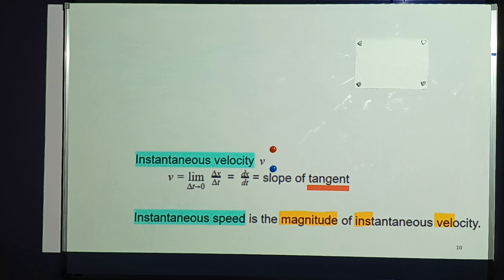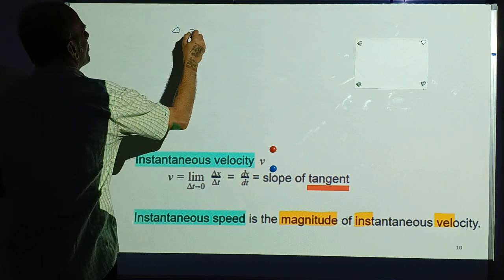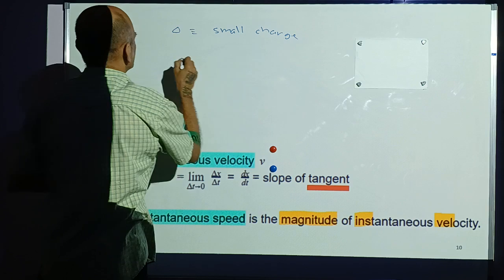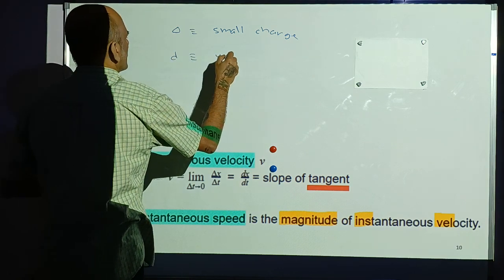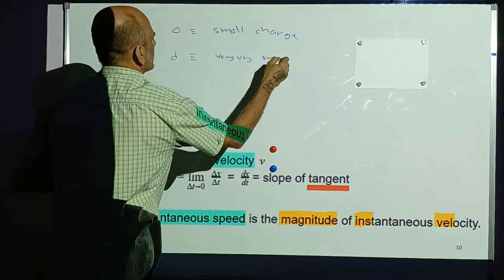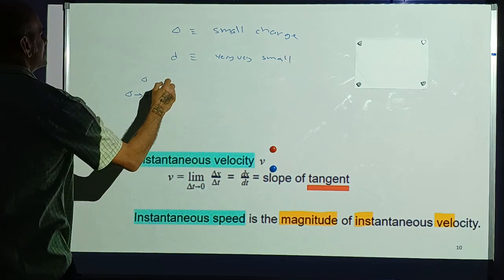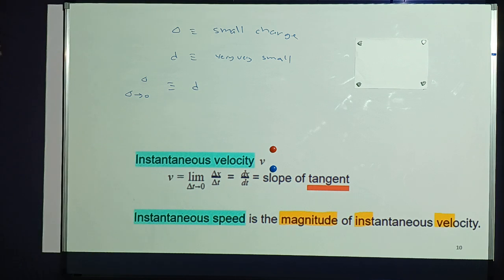Instantaneous velocity at any given time is a small displacement delta x over delta t, but this interval has to be very, very small so that in the limit delta t tends to 0. In the limit delta t tending to 0 is the same as dt. Delta is a small change, d is a very, very small change. So in the limit, delta tending to 0 is the same as d.